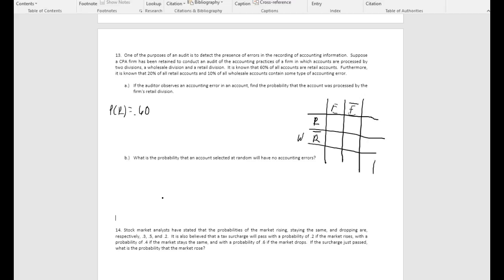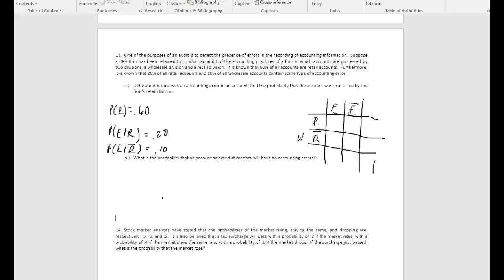Given that it's a retail account, the probability that it contains an error is 20%. And likewise, the probability, given that it's a wholesale account, that it contains an error is 10%.